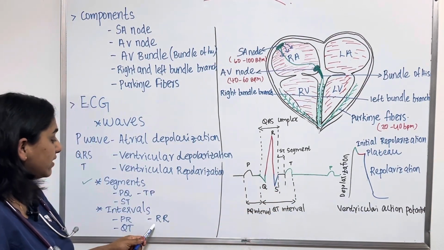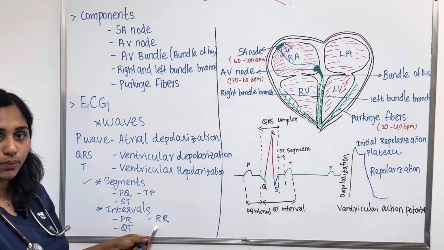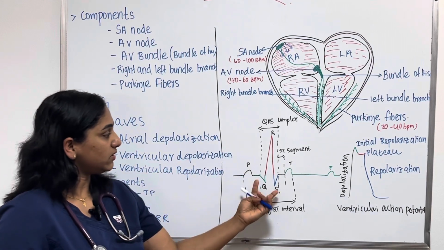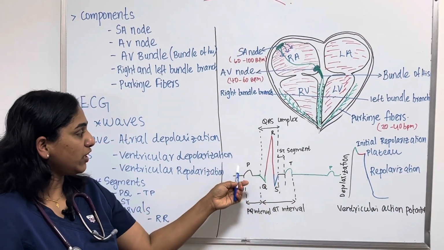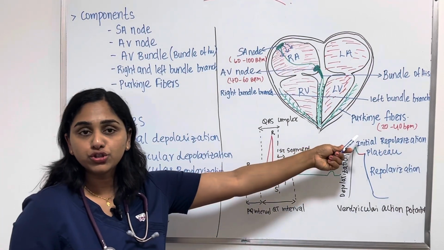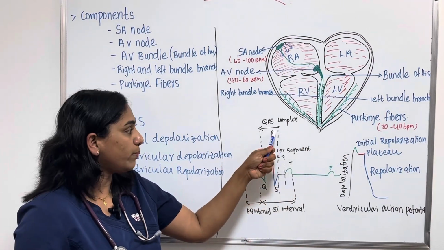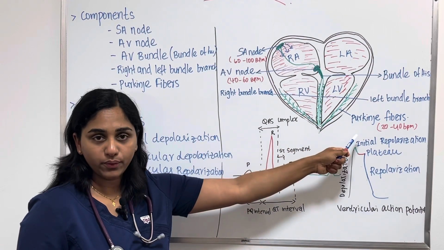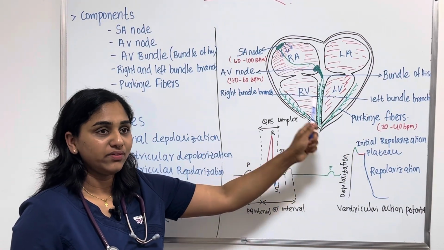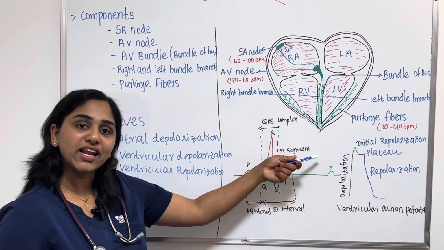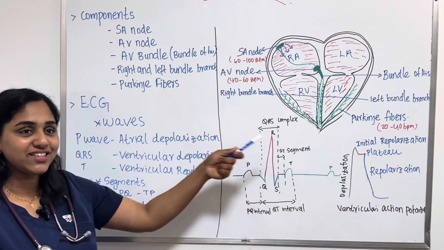And the last one, RR interval. If you take two ECG waves, then you can see there will be two R waves. So the interval between R to R wave is called RR interval. We will see more about RR interval in the next class.